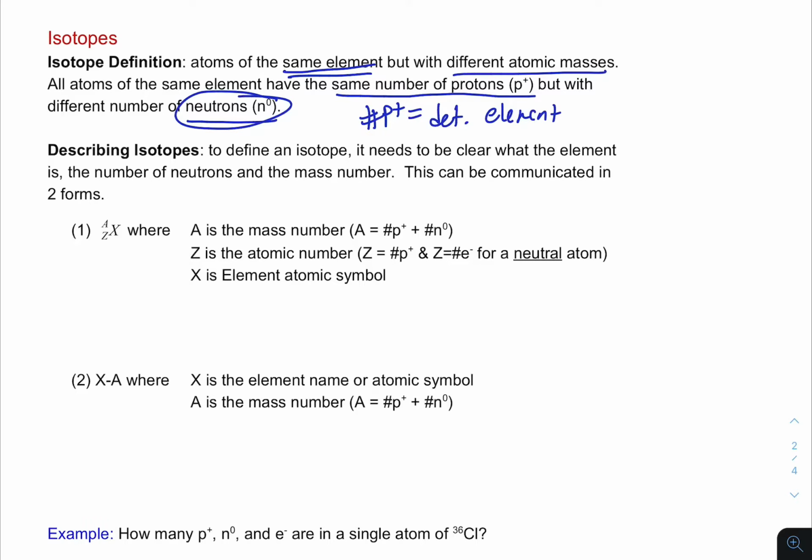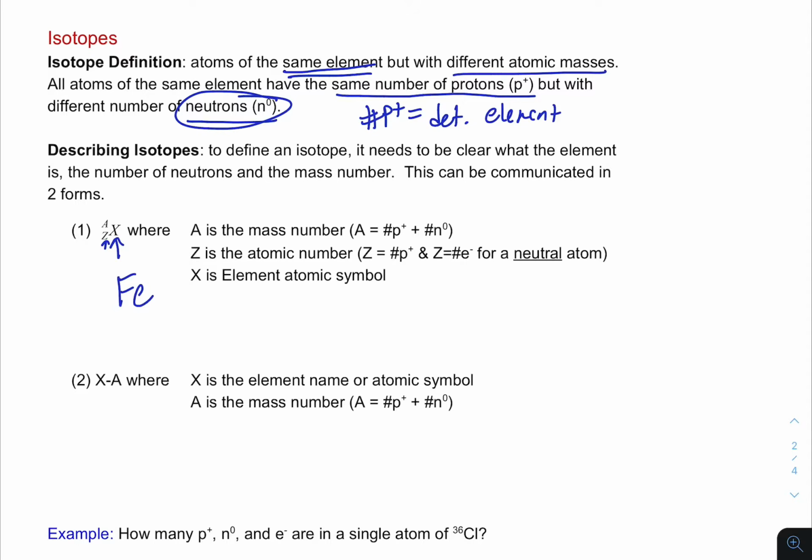So the first one is where we just have our element symbol. So maybe something that we would be dealing with here would be something like iron. So iron would be an element that we'd find in the periodic table. And then our Z here is the atomic number.